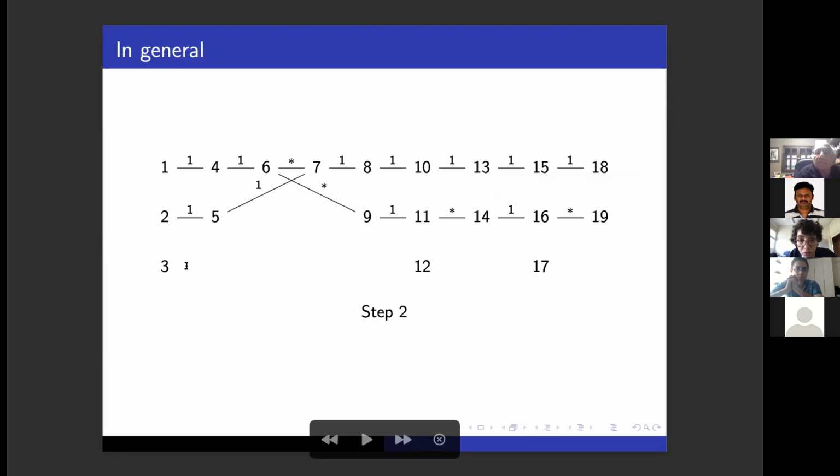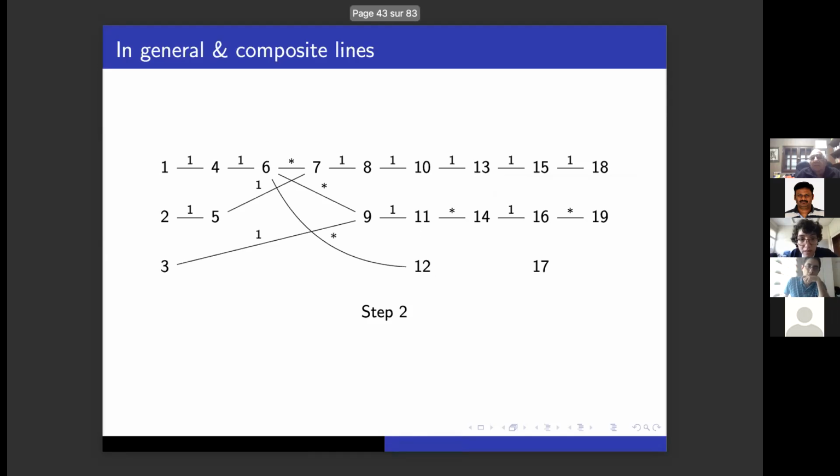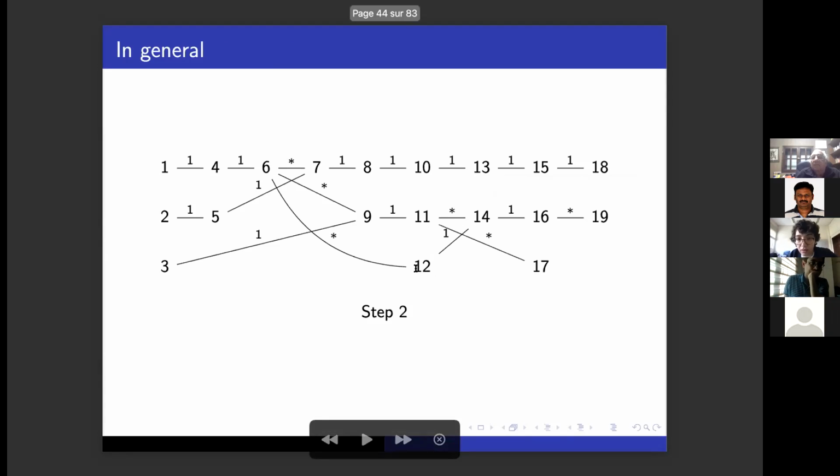Similarly, for 3 and 12, I will link 6 with 12. Therefore, I will have in one row 2 lines labeled star, and 3, 9, I will label it by 1. Lastly, same here, I will take 11, 17, label star, 14, 12, label 1. And this is a Weierstrass section.